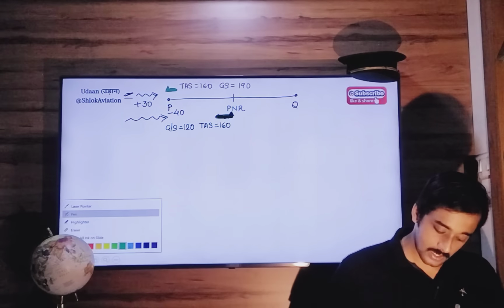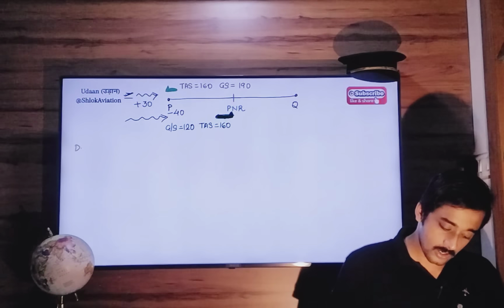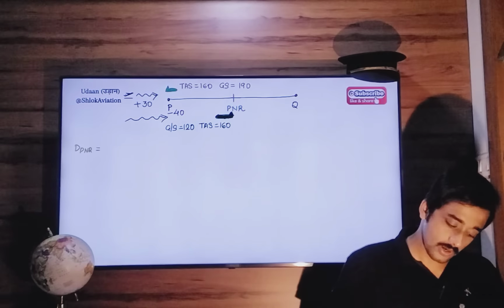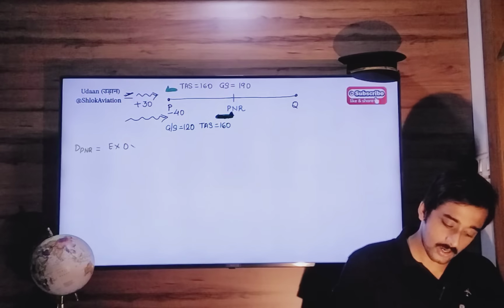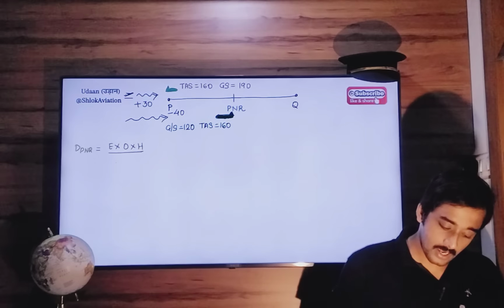Now let's use the formula. Distance to point of no return equals endurance into outbound into homebound, divided by outbound plus homebound.